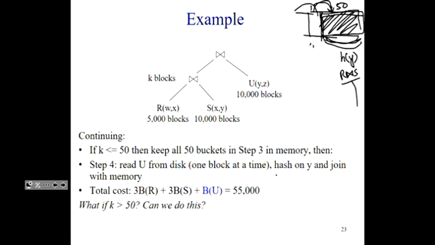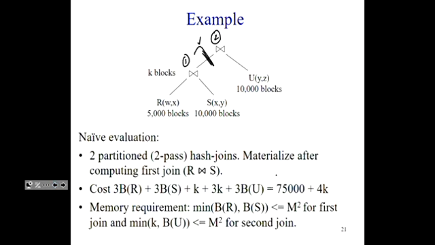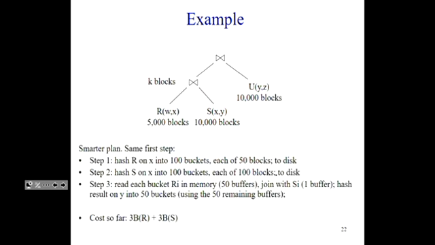So rewinding a bit, the first approach was to do a 2-pass partition hash join for this, a 2-pass partition hash join for this, and then write out the intermediate result. So that was approach 1. Approach 2 was when you could store the results in memory. So a 2-pass partition hash join for the first one, and then a 1-pass hash join for the second, with pipelining of the intermediate results. So far so good?